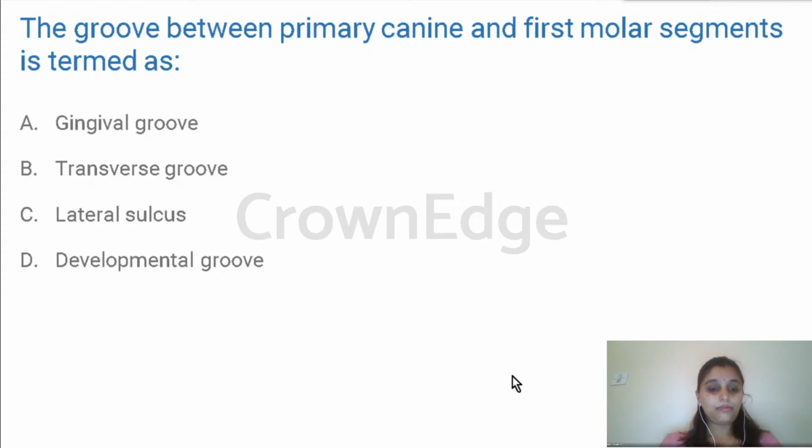Some of them have said lateral sulcus. Yes, the answer is C. It is the lateral sulcus. So it becomes very important for you to know about the landmarks in the gum pad.